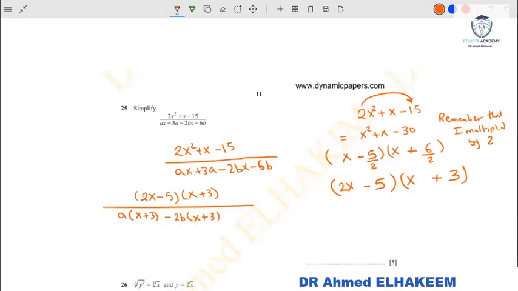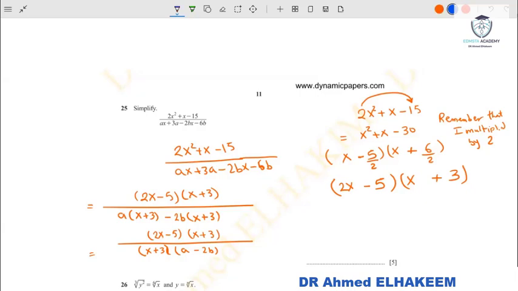Okay, so again I will take x plus 3 as a common factor, so it will be here a minus 2b, and here it is 2x minus 5 times x plus 3.